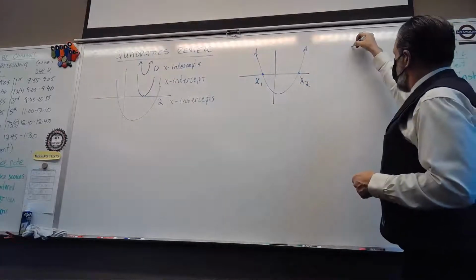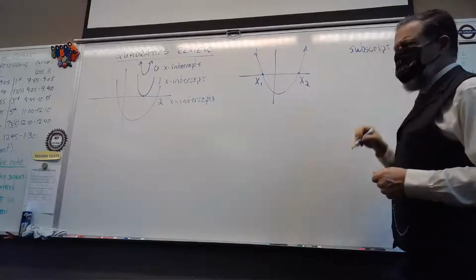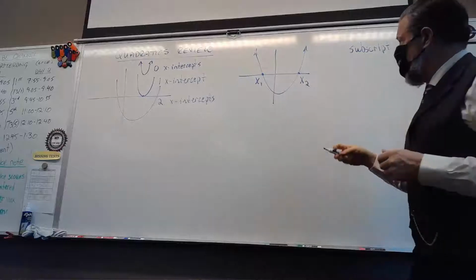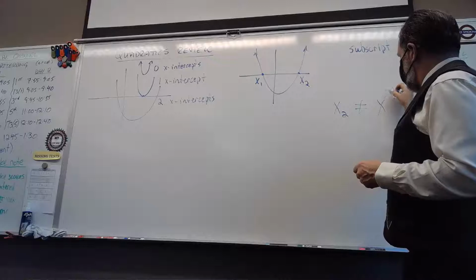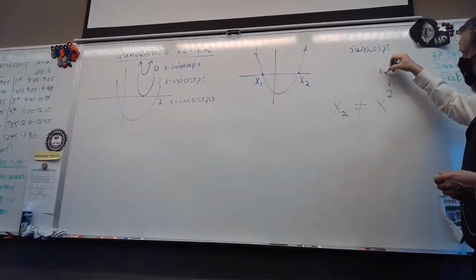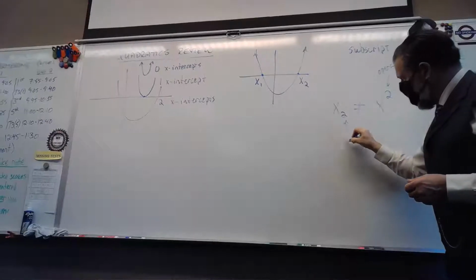This is called subscript notation, and you have probably seen it before. Here's where you've got to be careful. x2 is not the same as x squared. Squaring is a mathematical operation, multiplying it by itself. This just tells you that this is number 2.